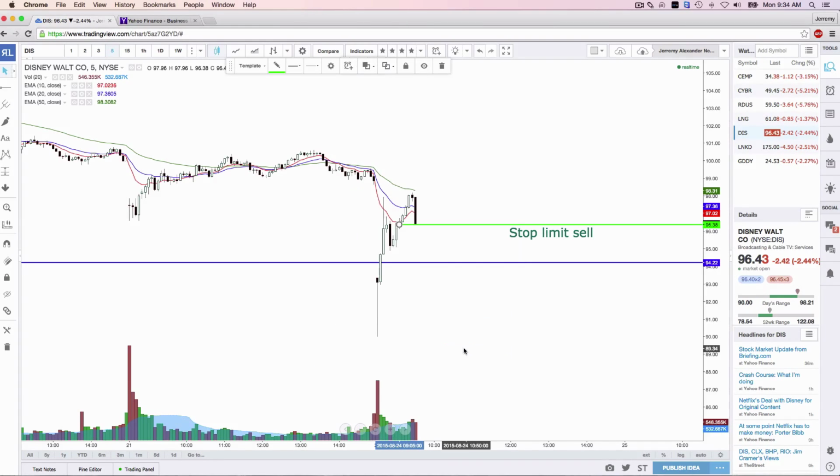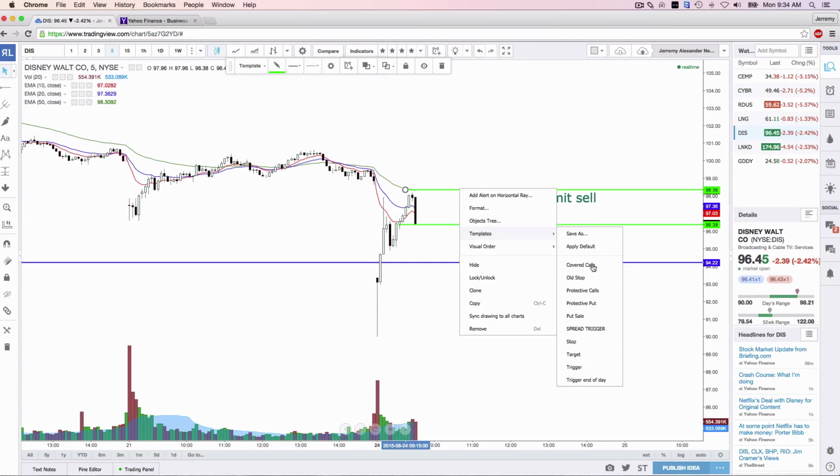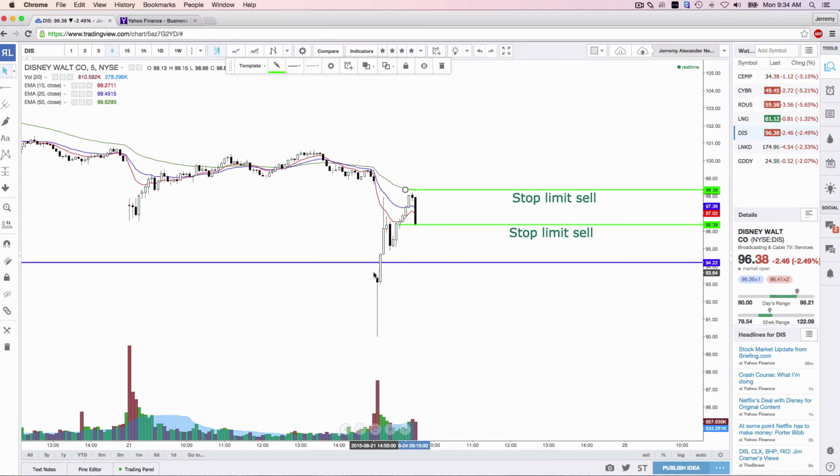You guys understand what that means now? So if I said 96.38, I want to sell short. Stop is at 98.36. So here's the stop.